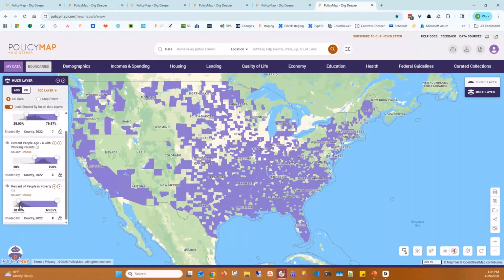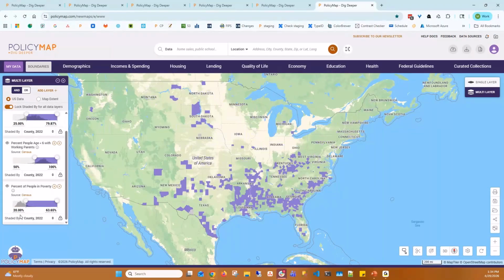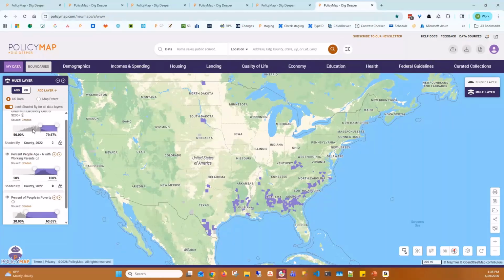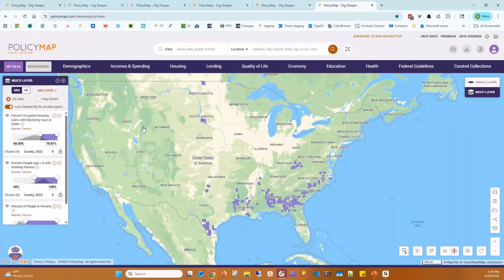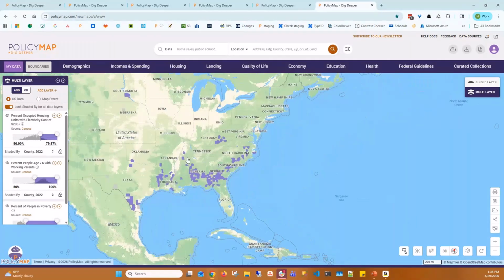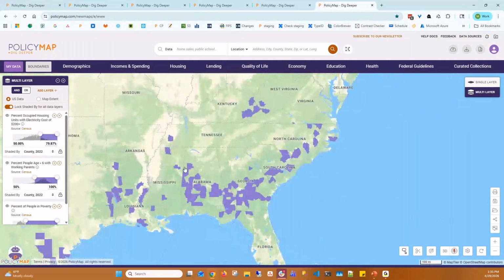So I'm going to move this one up to, we want at least 20% of people in the community to be facing poverty. And perhaps we can say 50% or more are facing high electricity costs. This can then start to target in on certain areas.